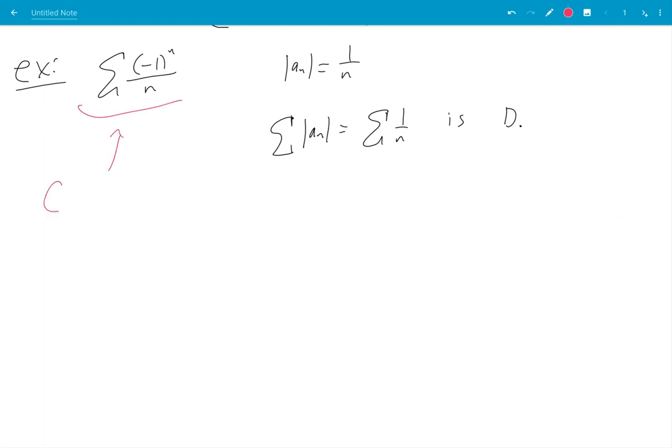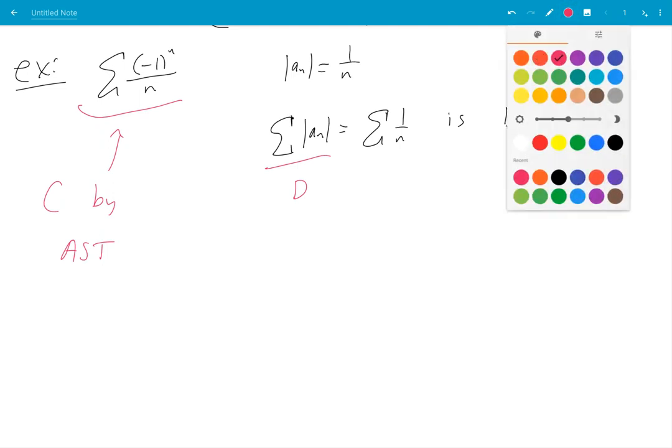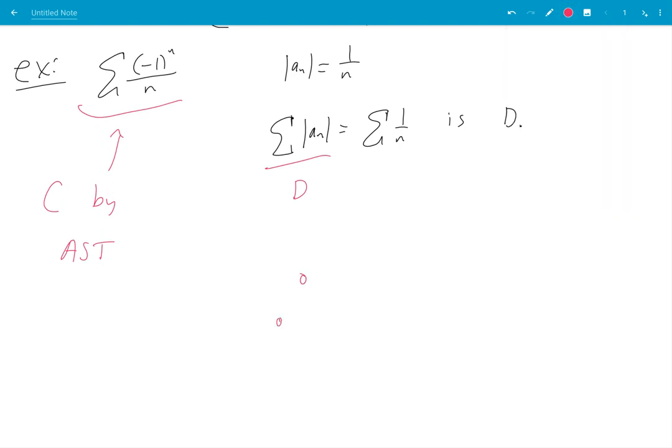This is convergent by the alternating series test. But this guy is divergent. So my conclusion here is it is not absolutely convergent.